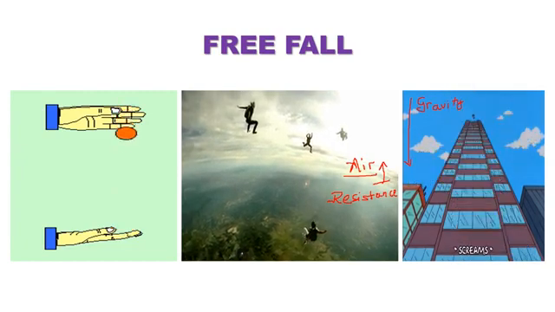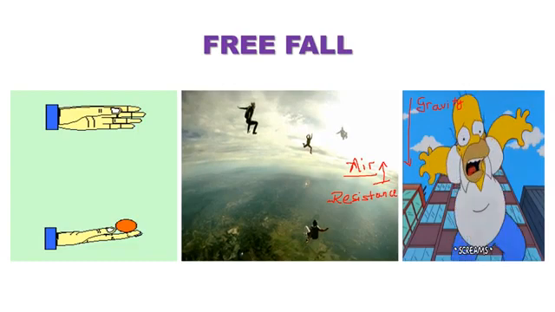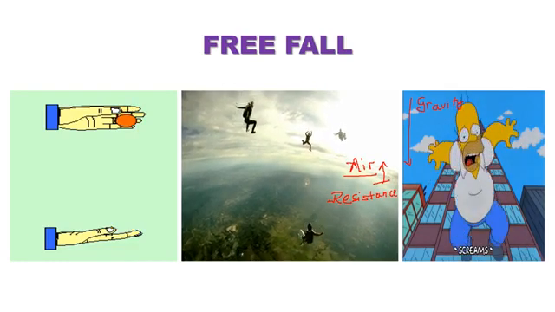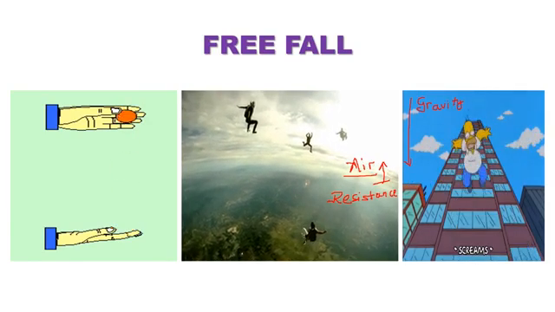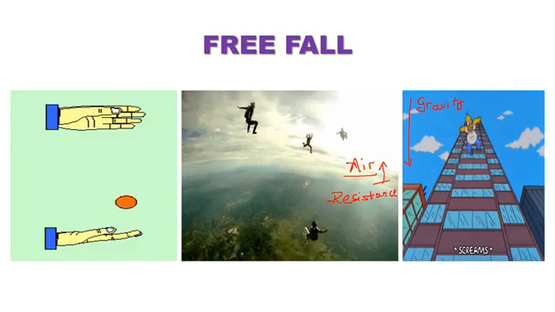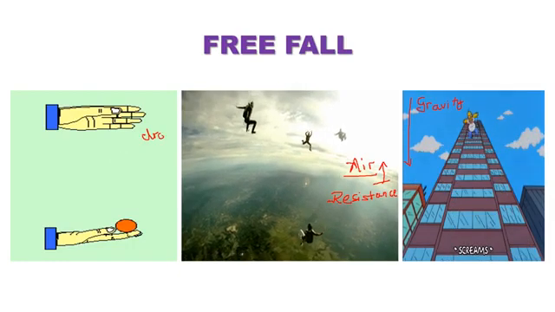Now, what is a free fall? What you can make out from these three moving animated pictures is that a body, when allowed to fall freely, here the man is just dropping the ball. He is not throwing the ball. It is called dropping. So the man just drops the ball here, right?